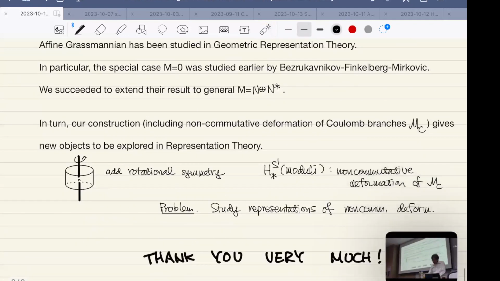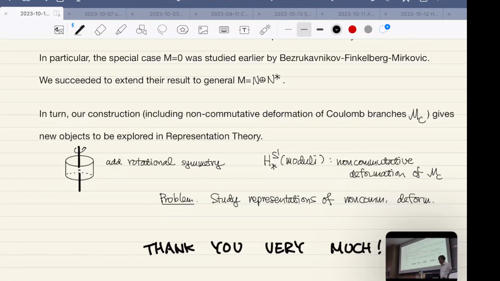I think this construction is also interesting from a mathematical perspective. So for example, we can consider the non-commutative deformation of the Coulomb branch. In the physics literature, this is called the omega background. So we slightly modify our construction.